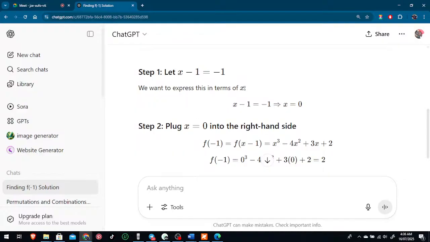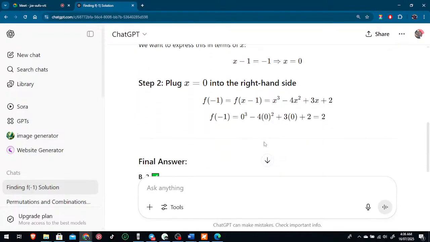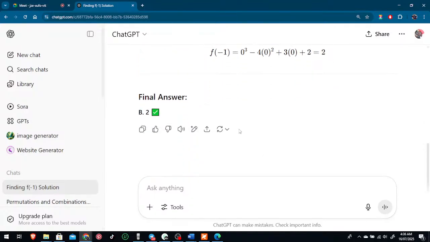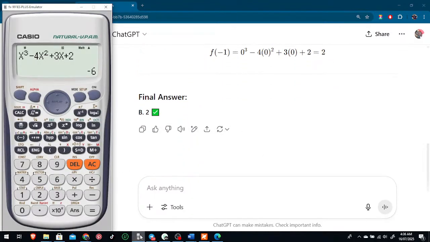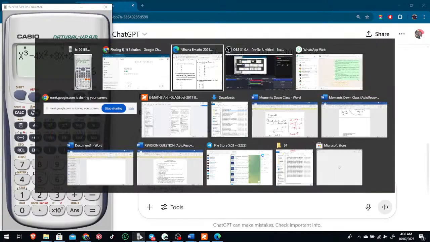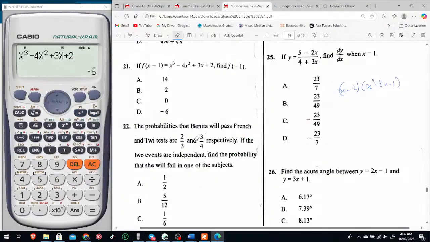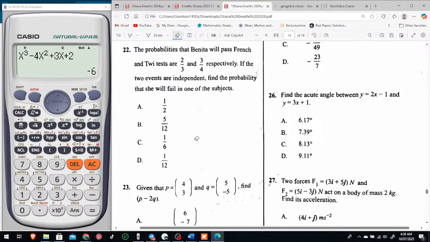We want to express this in terms of x. So x minus 1 equals negative 1. That means x is what? 0. So plug 0 into the function, and you get what? 2. Are you okay? Yes, please. Okay. That's for the help of AI.